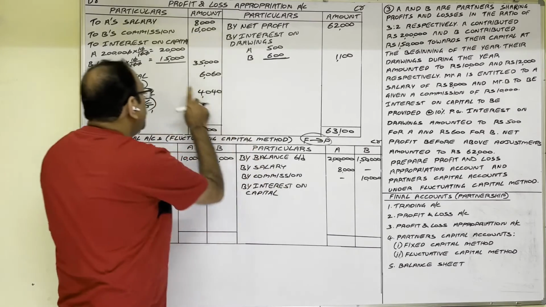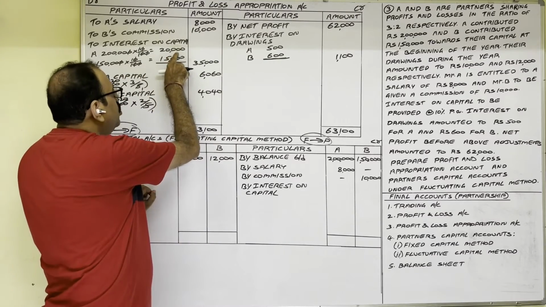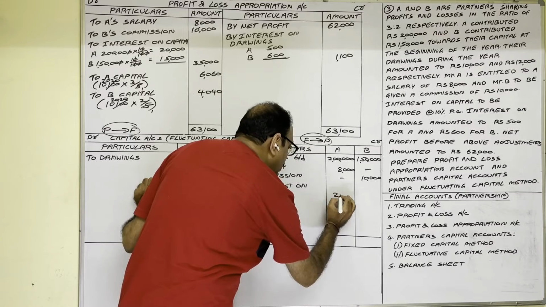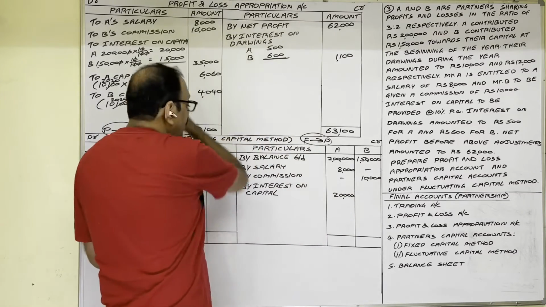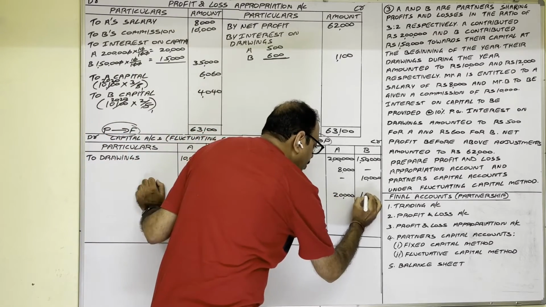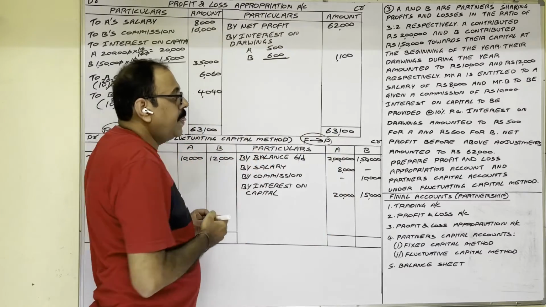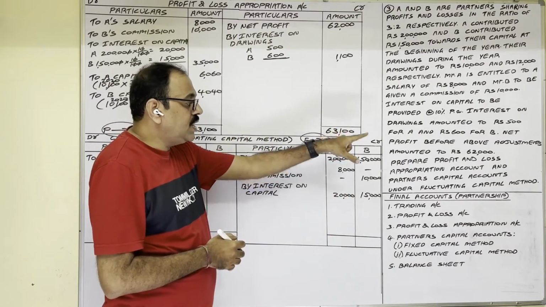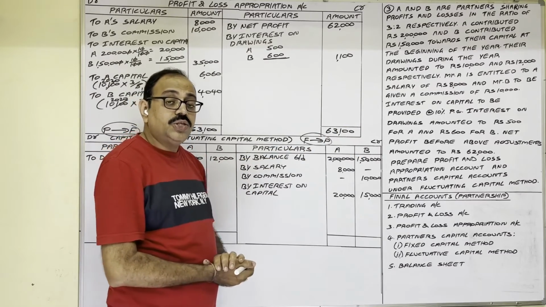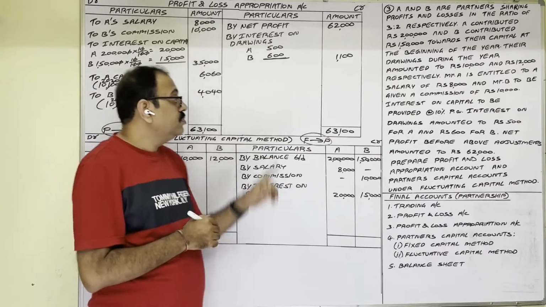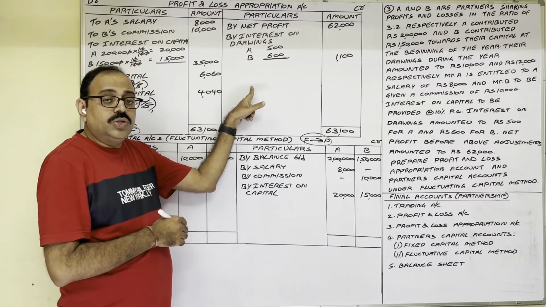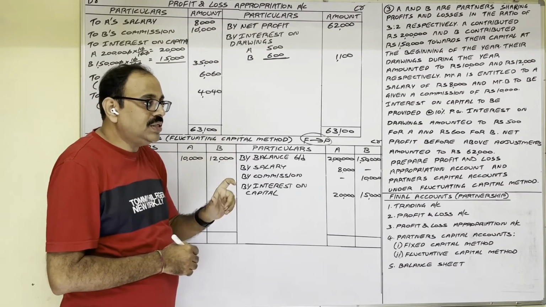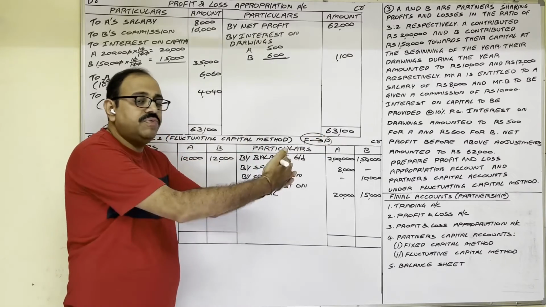In the appropriation account we have calculated for A, interest is 20,000 rupees. B, interest amount is 15,000 rupees. Continuation. Interest on drawings amounted to 500 for A, 600 for B. Interest on drawings, who should pay to whom? Here I have explained now. So partner should pay to the firm, because on drawings the partner has taken loan from the firm.